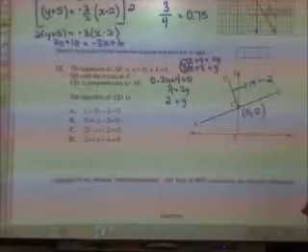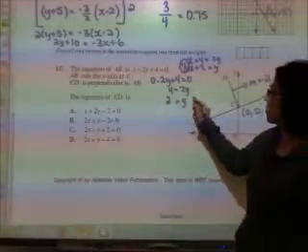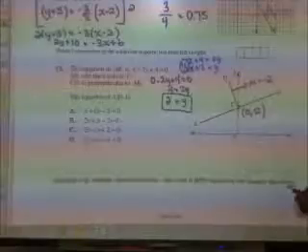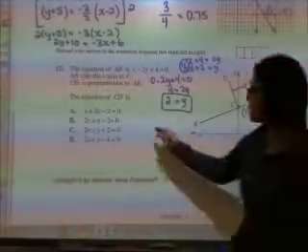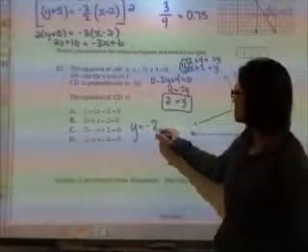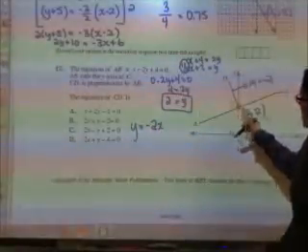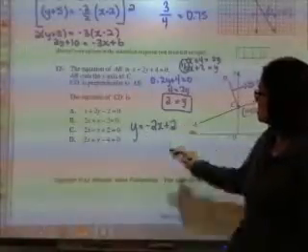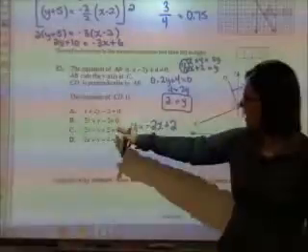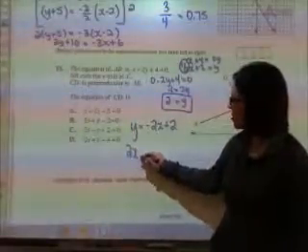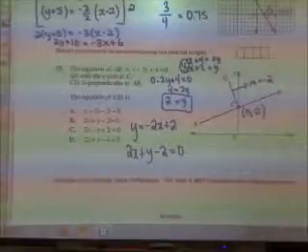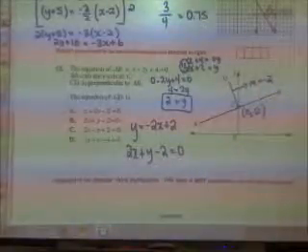So now I have a slope and I have a y-intercept, so I could use my y equals mx plus b. m is equal to negative 2, and b is equal to positive 2. They want this in general form, so I move everything over. I get a positive 2x and negative 2. And my answer is B.